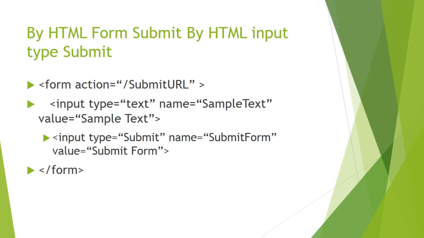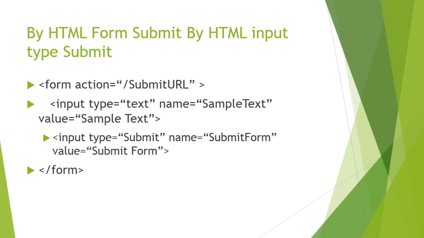So the first way we can send data from the HTML front end to the server is by HTML form submit. As you know, there is an HTML input element with type submit.